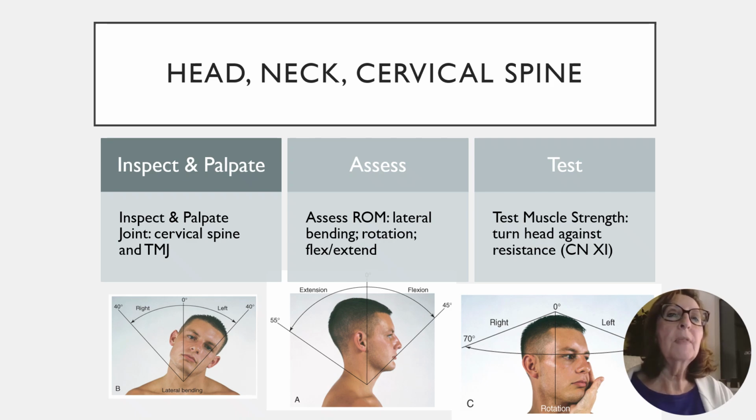So you can have them go ear to shoulder, as you see in picture B. You can have them do flexion and extension, so that's the head goes down and then it goes back, and that's in picture A. In picture C, you can see that we're testing muscle strength, which we know is cranial nerve 11.